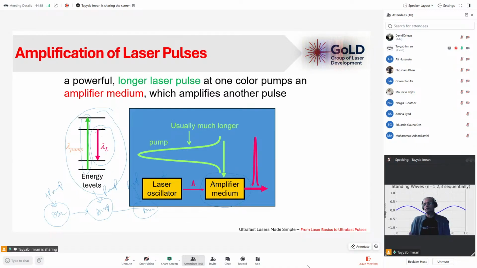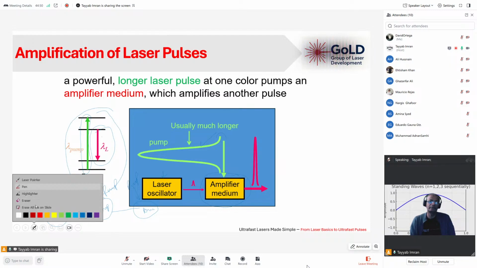One thing you have to keep in mind: in case of ultrafast laser, for the pumping of the amplifier stages, you need a pulsed pump laser, not the CW. Okay, and it should have a longer pulse than what we are supposed to generate with this amplifier.